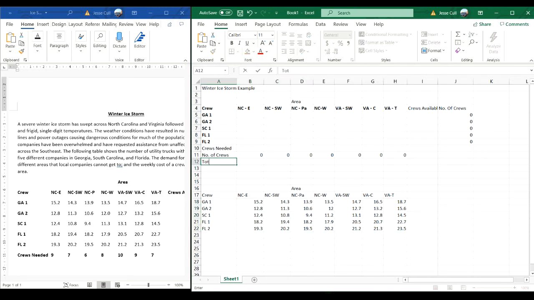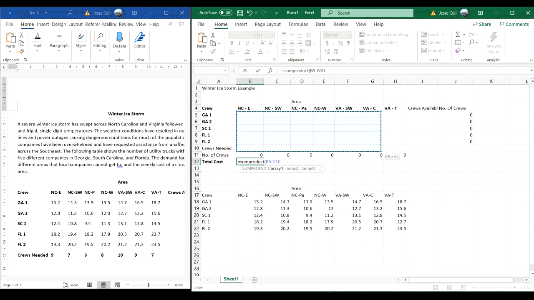So our total cost is equal to, and we're using the sum product function. We're multiplying each of these squares times its equivalent.